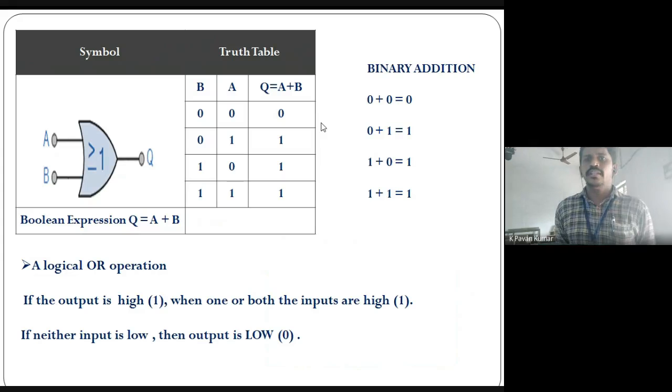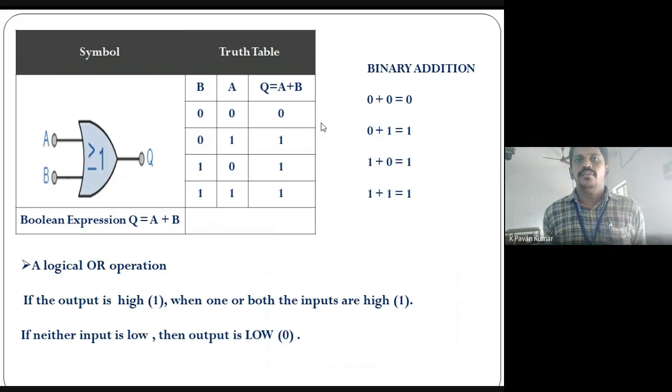You can see the binary addition on the right side. Binary addition has four rules: 0 plus 0 equals 0, 0 plus 1 equals 1, 1 plus 0 equals 1, 1 plus 1 equals 1. These are the basic binary addition rules we have to use for this logical OR operation.